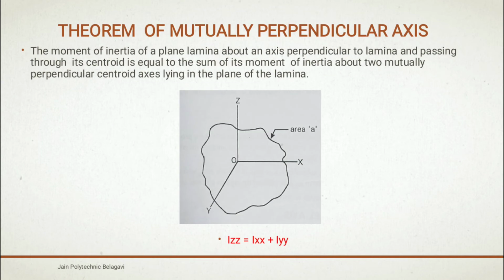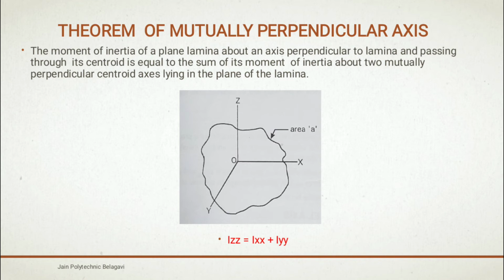Now we will discuss the theorem of mutually perpendicular axis. Here, consider a small lamina with area A, having coordinates x, y along OX and OY.